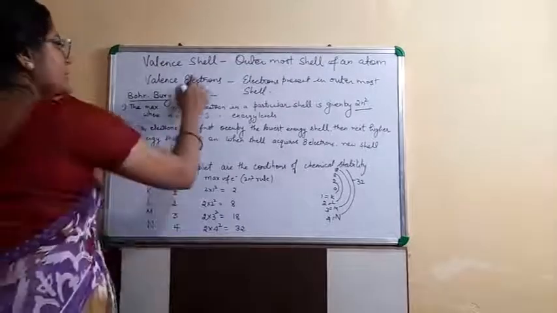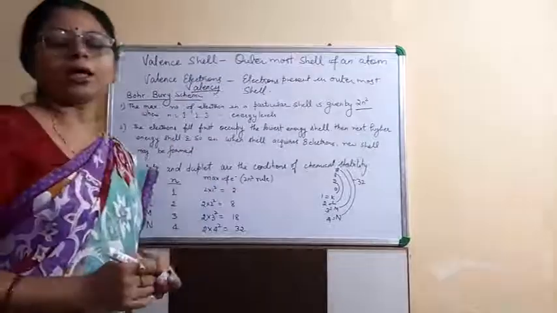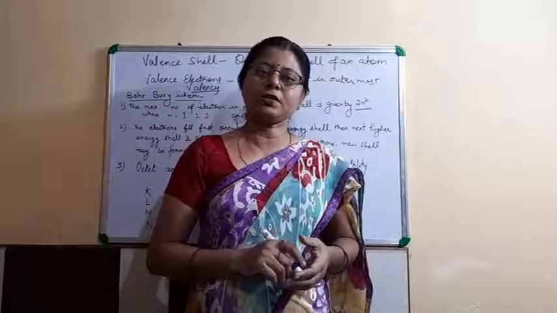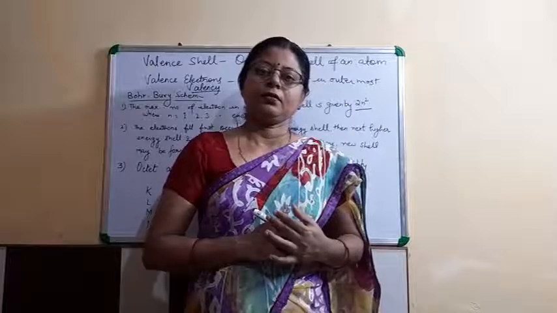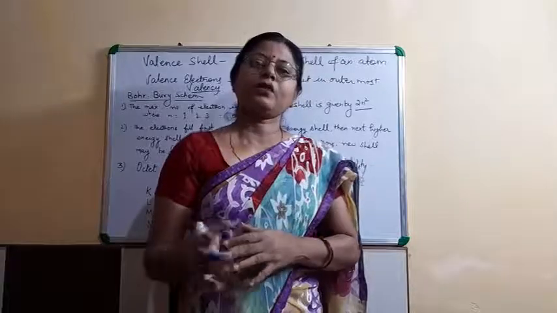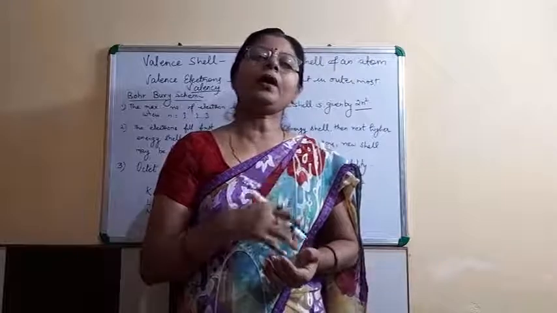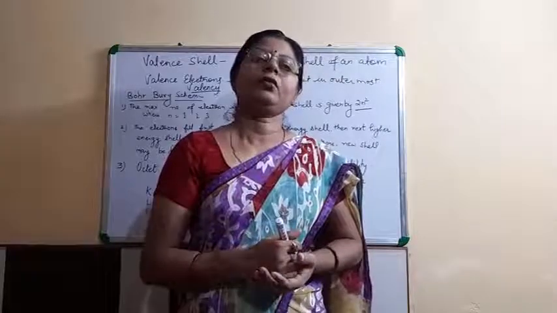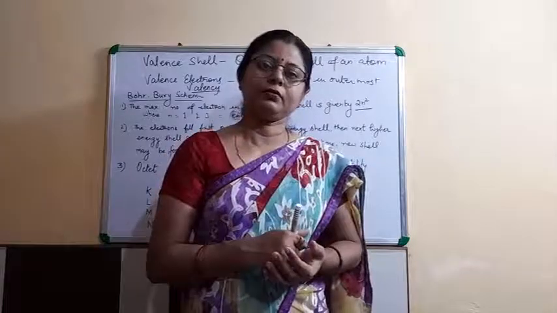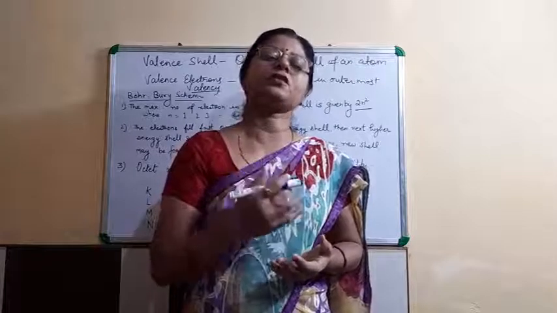Now the next topic is valency. The combining capacity of an atom is known as its valency. Means when an atom forms a bond with another atom, how many electrons it will gain, or share, or take, that is called its valency.